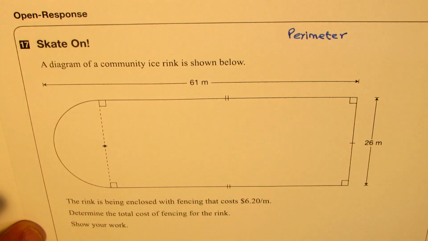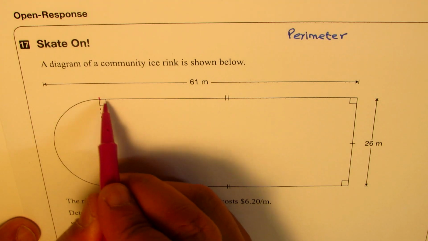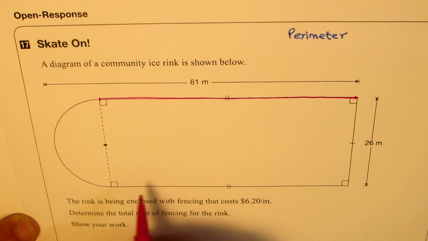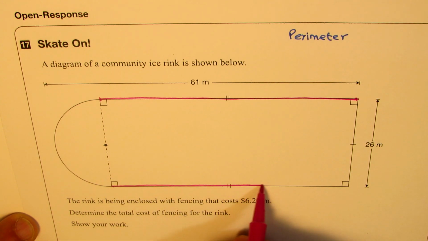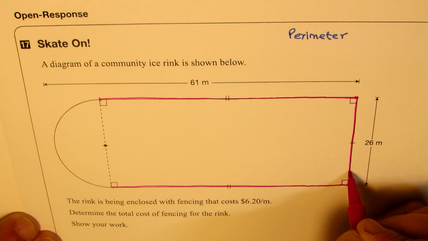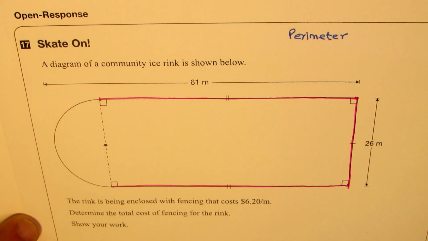So let me show my work here. The perimeter could be treated as this length, plus this length, plus this length, and this semicircle. Now how do we find that length?